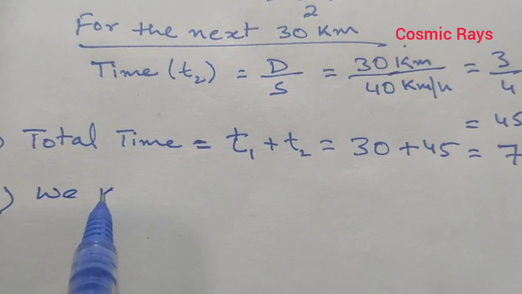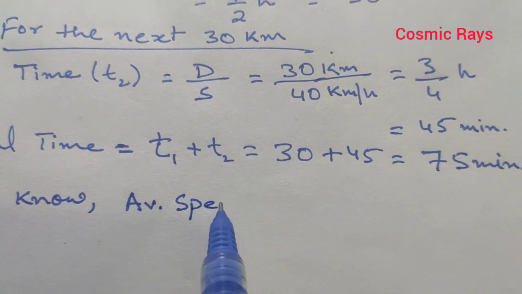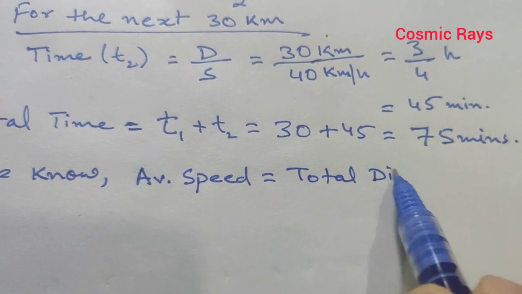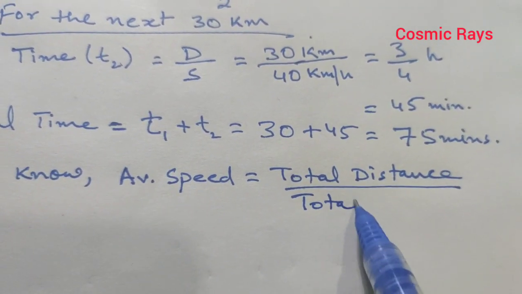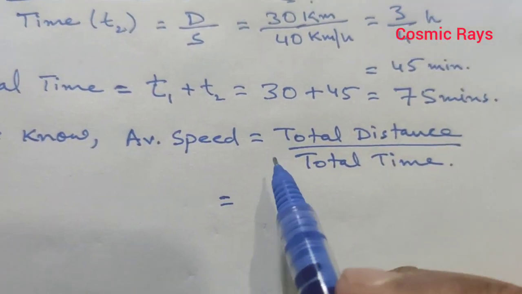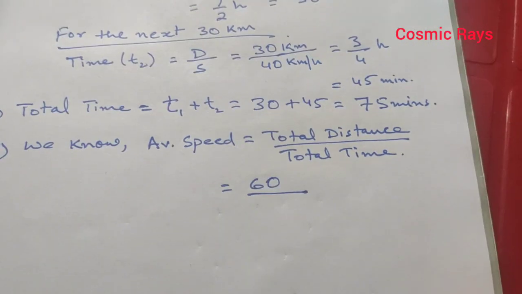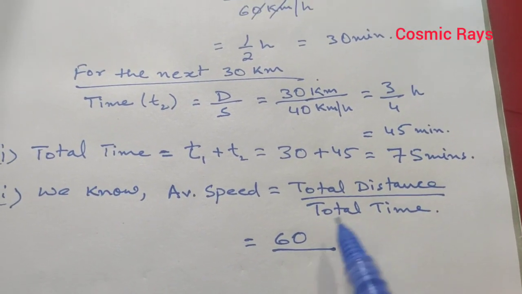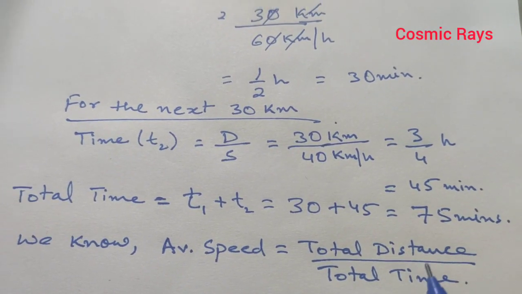So we know average speed is equal to total distance upon total time. So total distance is 30 plus 30, that is 60 kilometers, and total time here is 75 minutes. So that will be converted to hours.